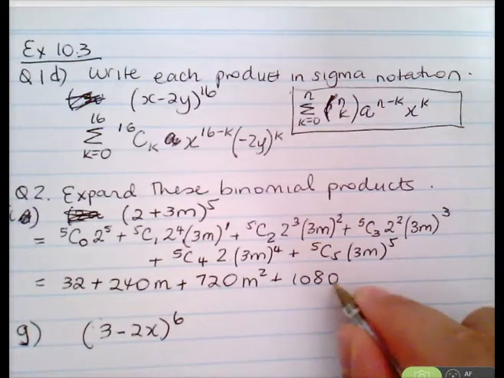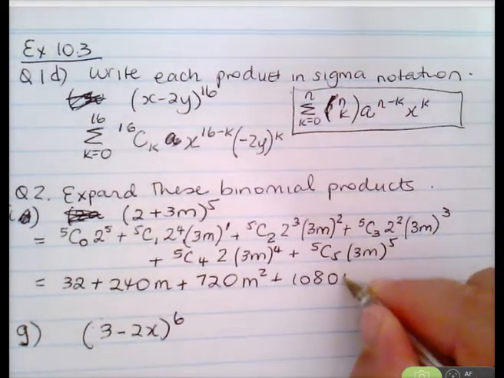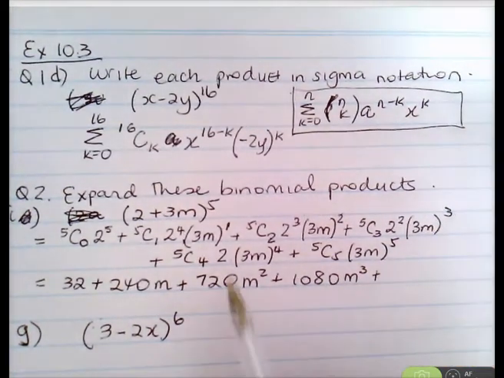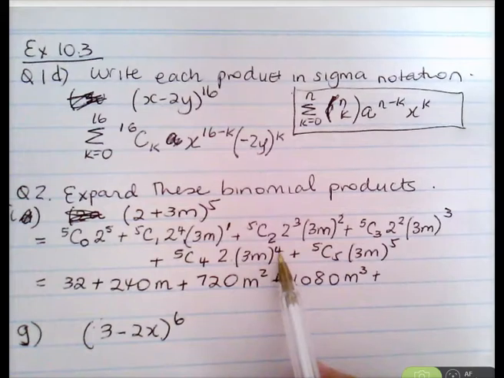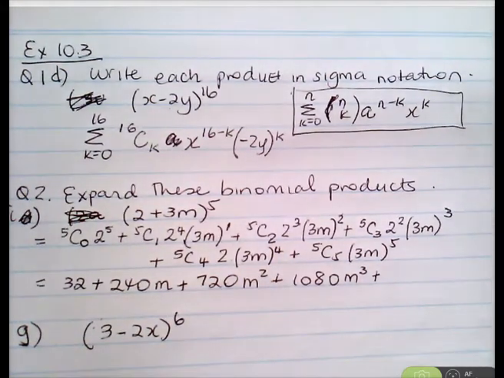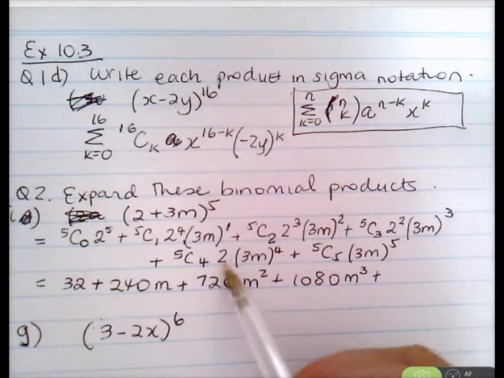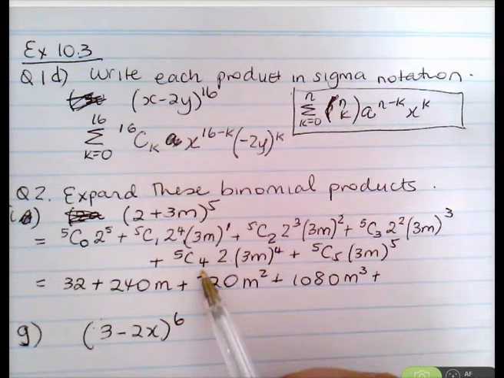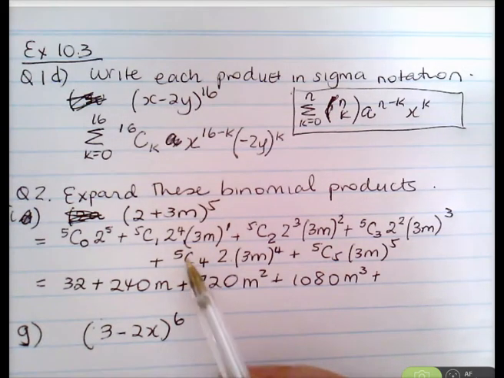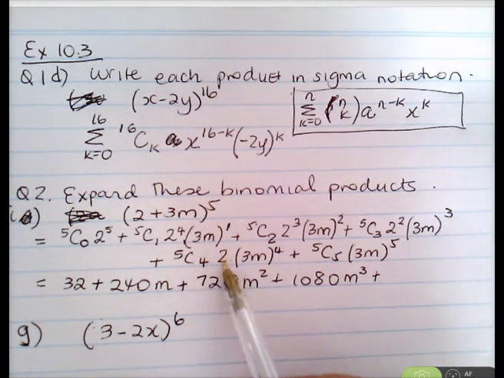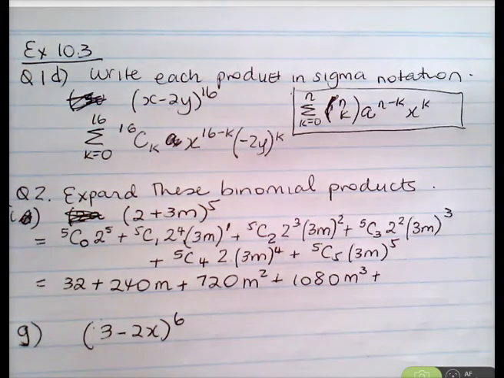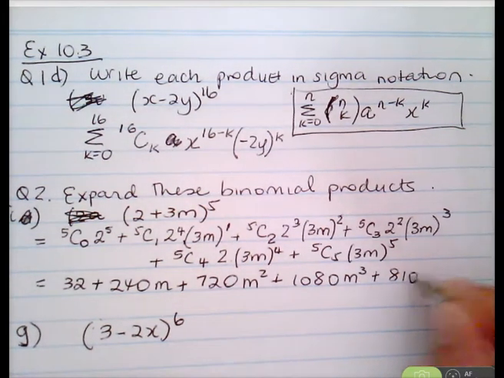So I've got 1080 here, m cubed, plus here I've got 3 to the power of 4. Now that's 81 times 2 times 5. So it's 5 choose 4, remember, is the same as 5 choose 1, which is 5. 5 times 2 is 10. 10 times 81 is 810, and we've got m to the power of 4.